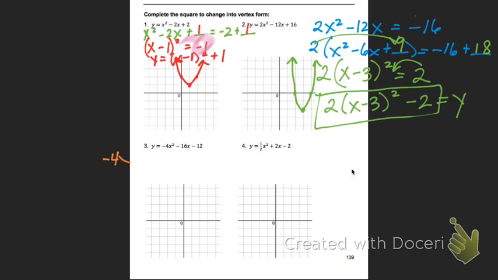So I've got negative 4x squared minus 16x equals positive 12. Pull the negative 4 out. x squared plus 4x plus blank equals 12 plus blank. Are we okay with that?